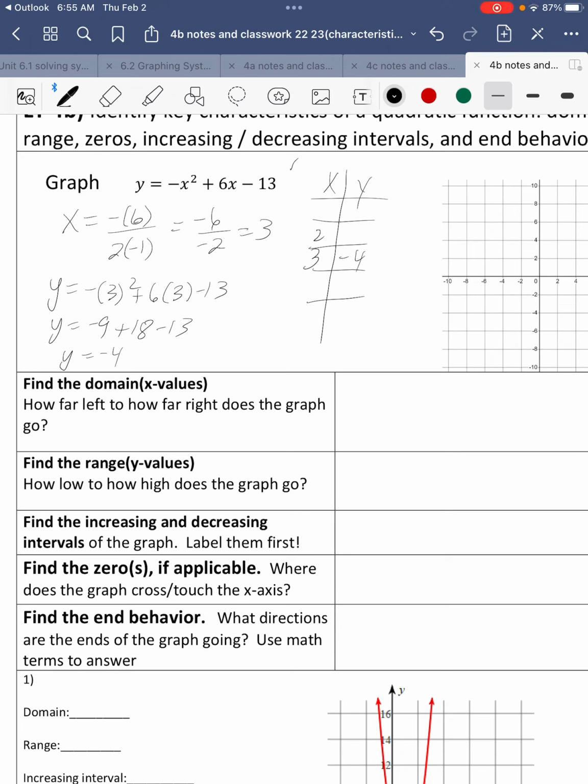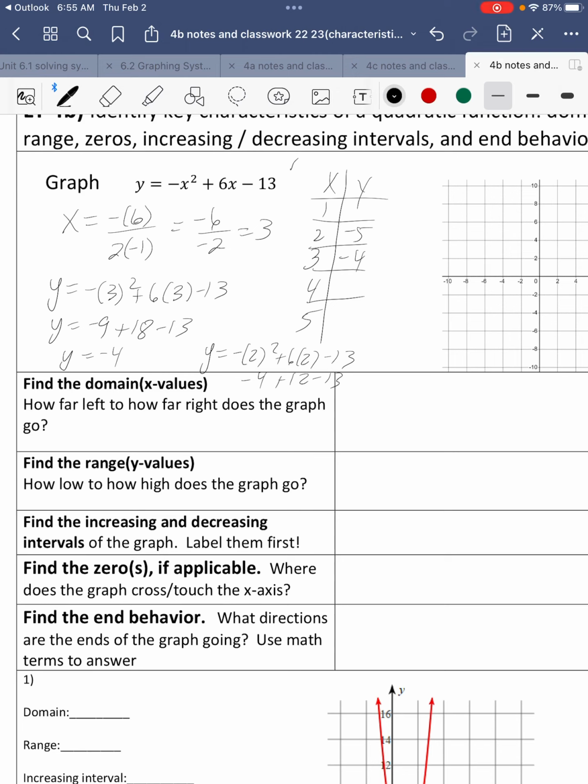3, negative 4. So we're going to go 2 and 1 and 4 and 5. Substituting 4 in, and we get negative 4 plus 12 minus 13 is negative 5.